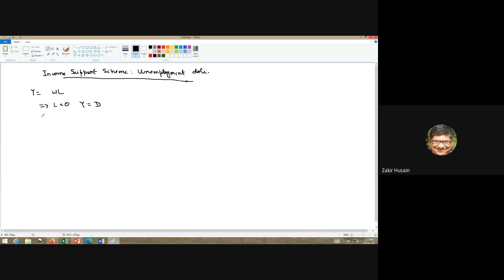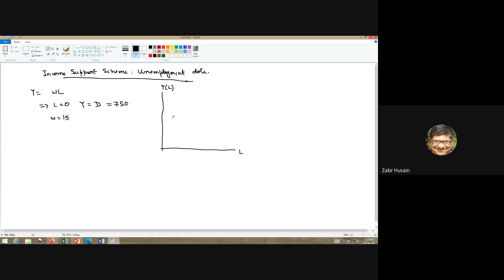Now, suppose that the wage is 15 and the unemployment dole is 750. This is Y, which is a function of L. So how will the function look?